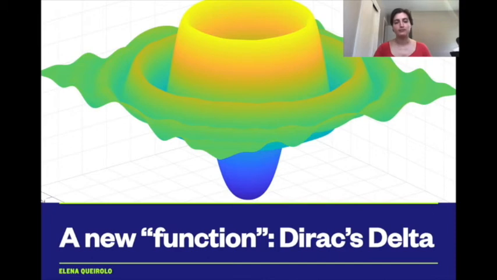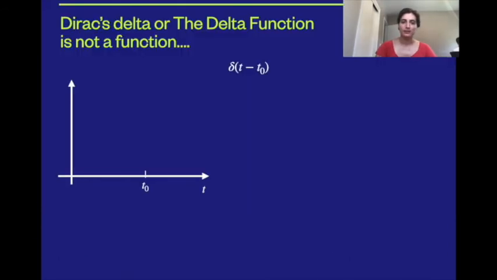So now that we have finished looking into convolutions, let's look at a new function, the Dirac delta. Why am I so careful in saying function? Because technically the Dirac delta, also called the delta function, is not a function. It's usually defined by delta of t minus t0, and it's something that is 0 everywhere except at t0.